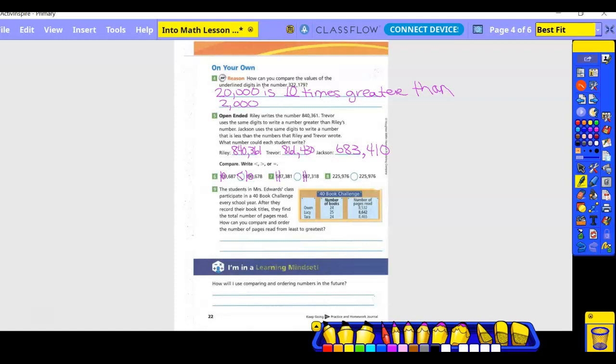Does the 1,000 spot have the same number in both? Yes, so I'm going to mark it off. Does the hundreds place value have the same number in both spots? Okay. Does the tens have the same number in both spots? No. So I'm going to circle the 8 and I'm going to circle the 1. So 587,381 is greater than 587,318.